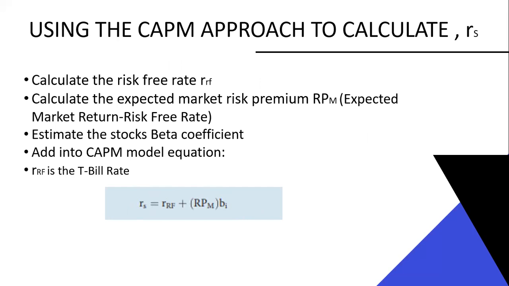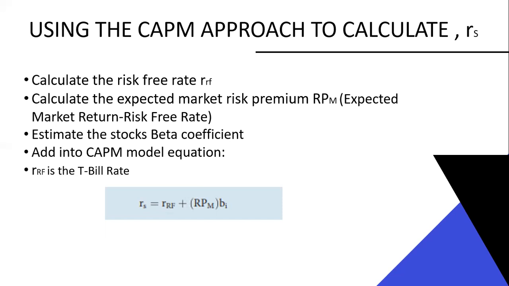And what is this all about? Well, if you're calculating the R_S, or the cost of common stock, using the CAPM approach, what you need to know is the risk-free rate of return, and that is right over here. And you also need to calculate the risk premium, the expected market risk premium. And what is this? This is the expected market return minus the risk-free rate.